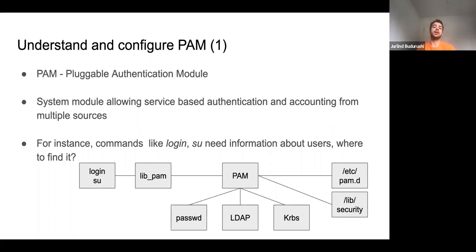It would need to attach to the libpam library, and with that, the libpam library would attach a module that you will find in /lib/security that is written especially for login, and then it will forward that to the passwd database. So this is how it mainly works from an architectural perspective.